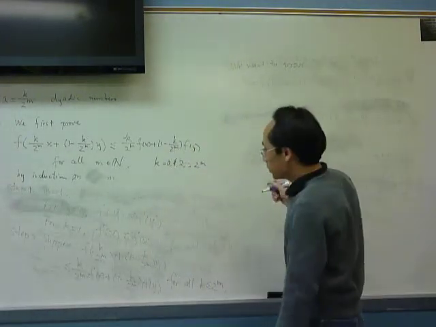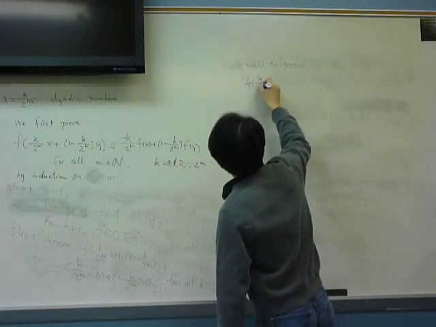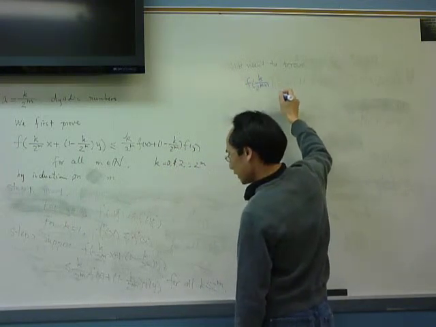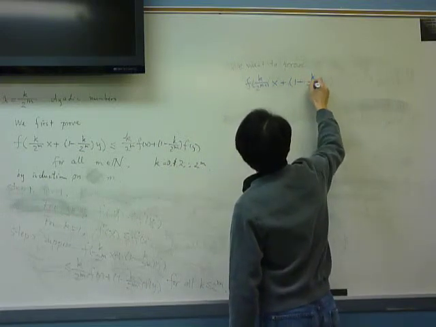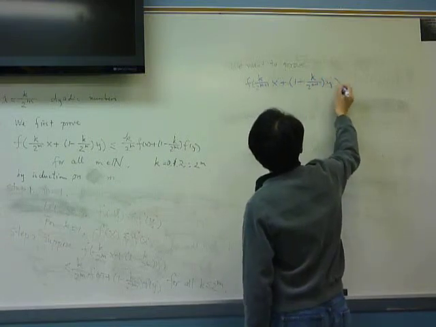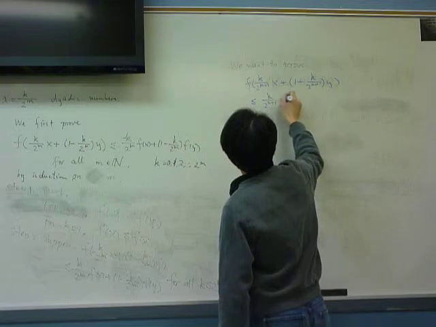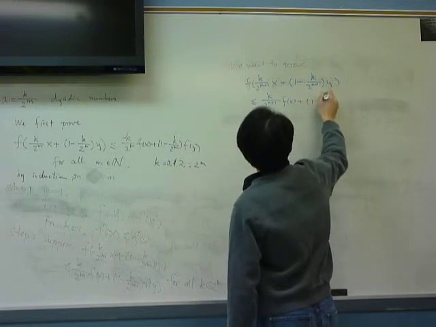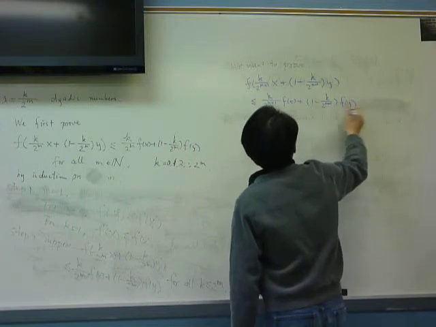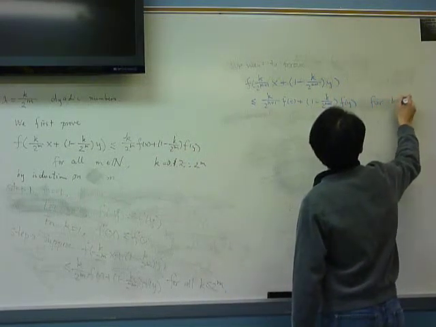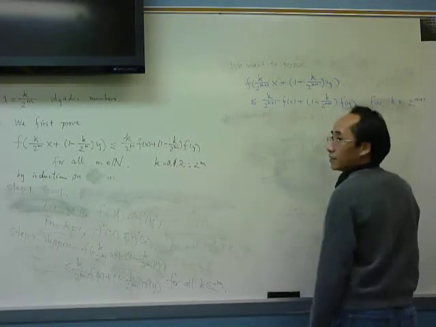We want to prove f of k over 2 to m plus 1 times x plus 1 minus k over 2 to m plus 1 y is less than or equal to k over 2 to m plus 1 f of x plus 1 minus k over 2 to m plus 1 f of y. And this is for any k less than or equal to 2 to m plus 1, right?